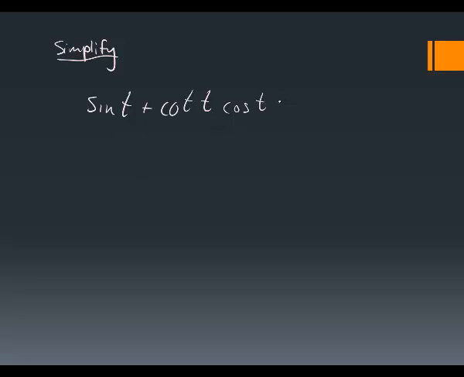So I'm going to set this equal to itself, and we should try to change things to sine, cosine, tangent and stuff like that. So we get sine t plus, and let's change cotangent to something that we know, which is cosine over sine. So we have cosine t over sine t multiplied by cosine t.